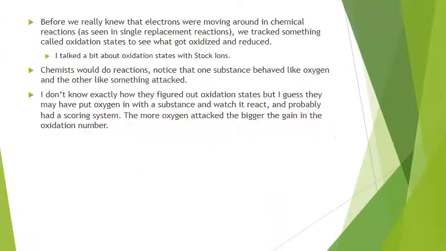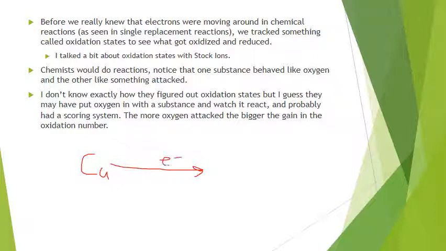redox reaction. Before we really knew that electrons are moving around in chemical reactions, like in single replacements, like in the first chemical reaction, we talked about putting a penny in the silver nitrate. What happened was the copper transferred its electrons.